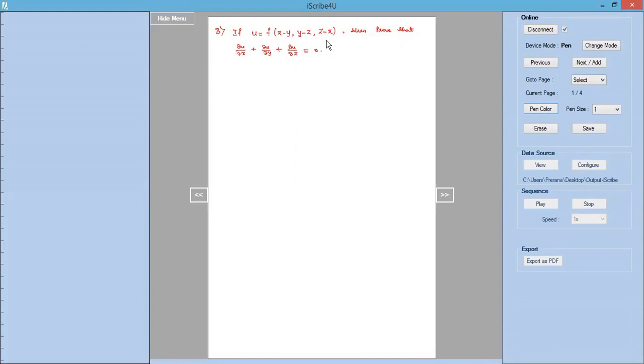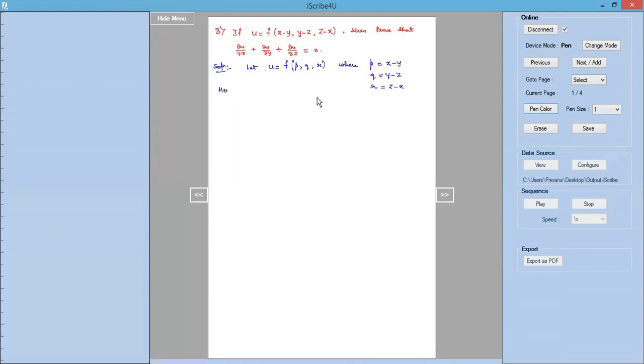So we will be able to apply the chain rule concept and write down the formula for them. So let us do the solution. Let u be a function of P, Q, R, where we assumed P as x minus y, Q is equal to y minus z, R is equal to z minus x.